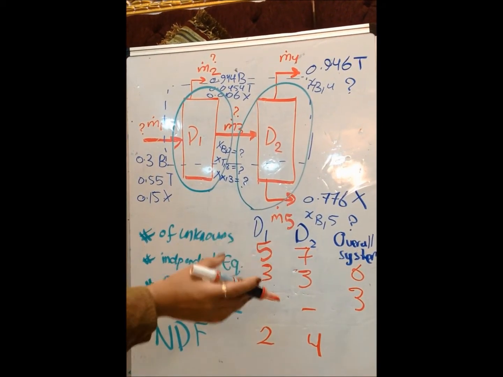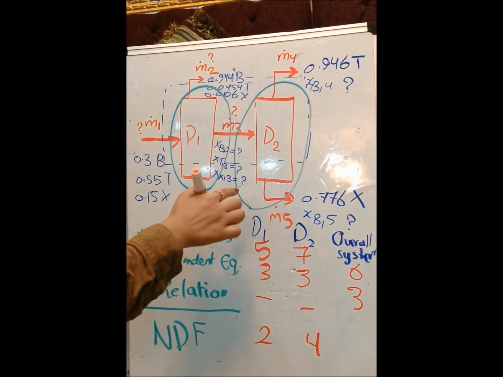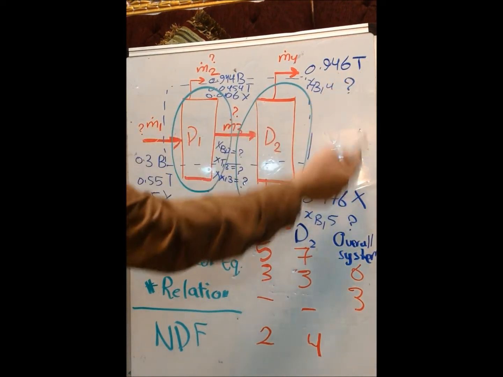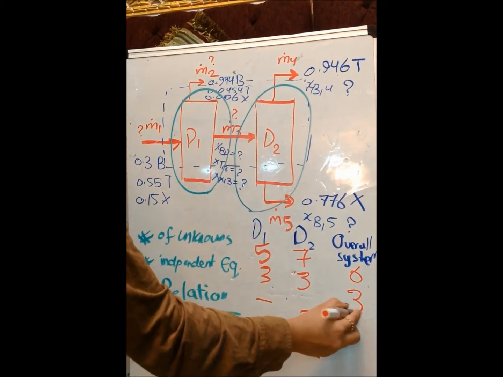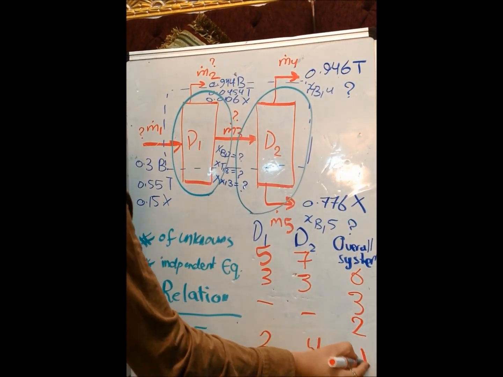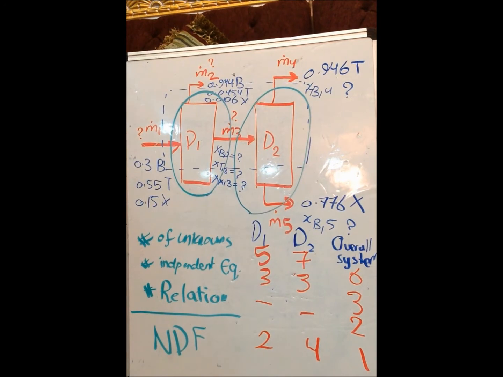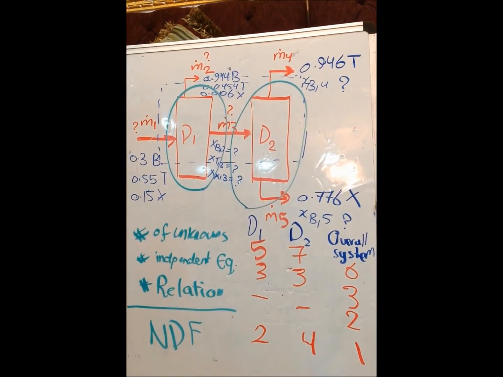But the main difference in this step is that we have 2 relations for the amount of toluene and xylene for the overall process. So we have 2 relations, then we will end up with 1 degree of freedom.